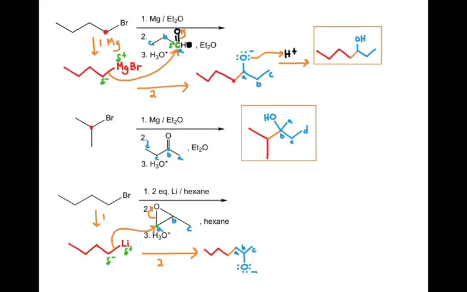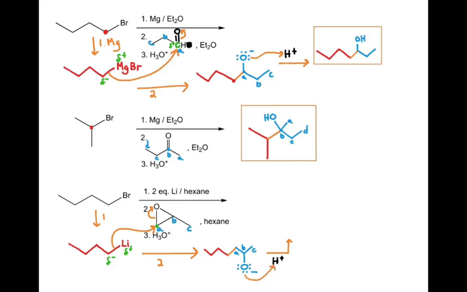Okay, we're only 1 step away from finishing our mechanism, and that's our 3rd step. In our 3rd step, we're doing an aqueous workup or an acidic workup, adding H plus or H3O plus, and what I like to do is just write H plus.